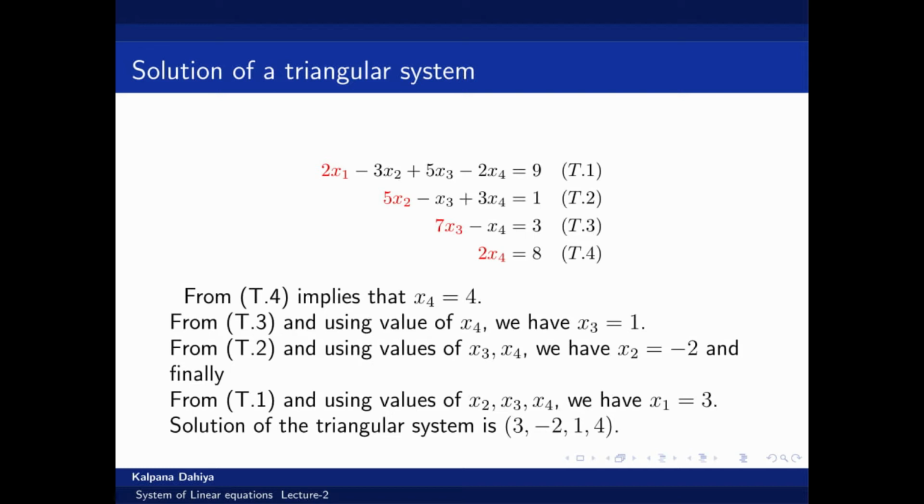Now using equation T.2 and the values of x3 and x4, we can find x2, which is minus 2. And finally, from equation T.1, using the values of x2, x3 and x4, we have x1 equal to 3. So finally, the solution of the triangular system is 3, minus 2, 1 and 4.